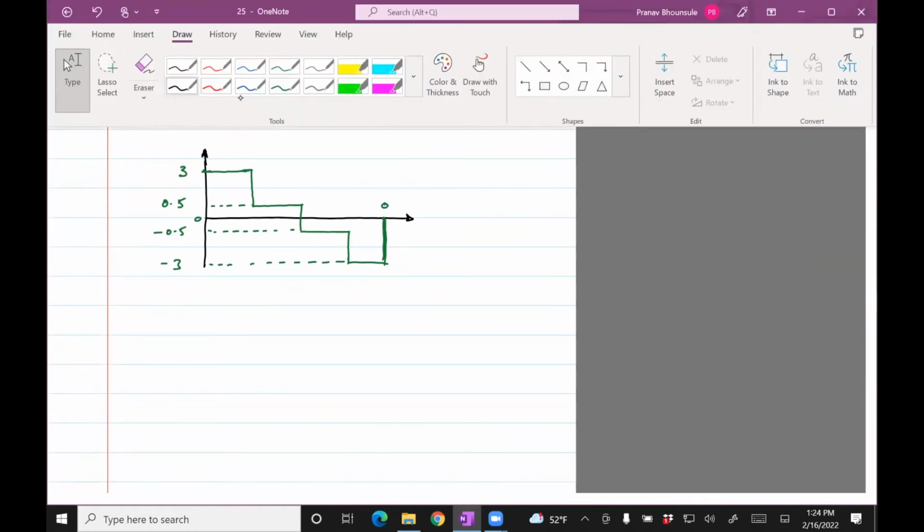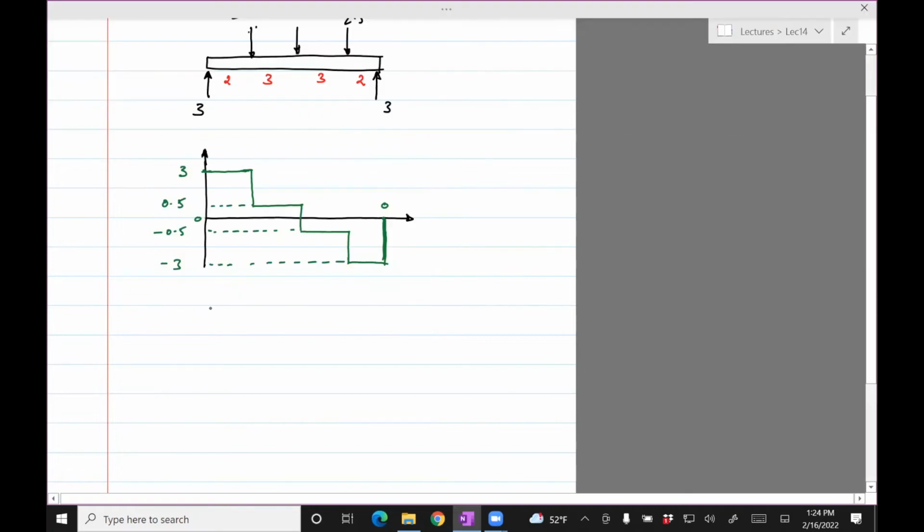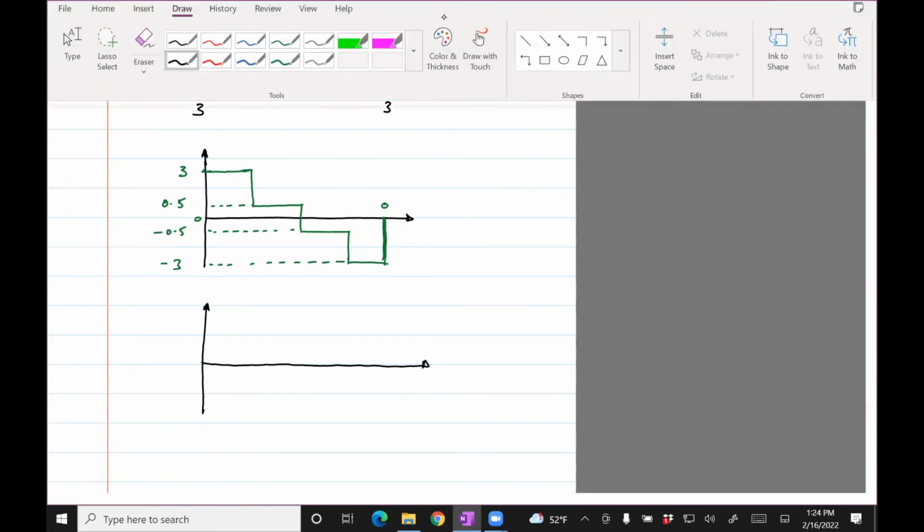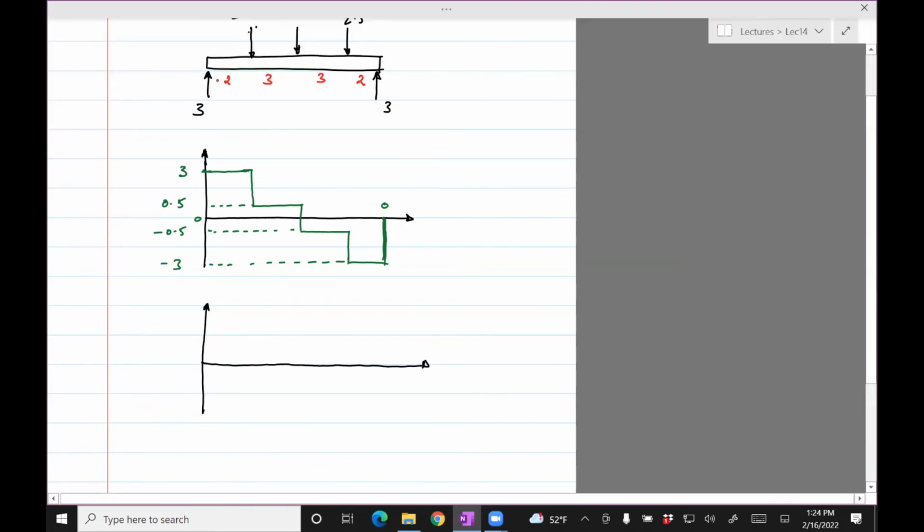Okay, now drawing the bending moment diagram is easier if we use the area method. So let's compute the areas under the curve for each of those blocks. So we have 3 on the y-axis, and this is 2, this is 3, 3, 2.